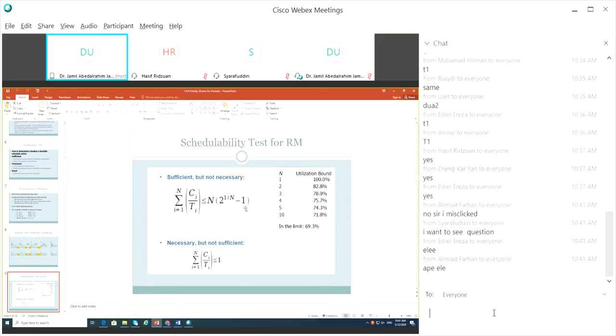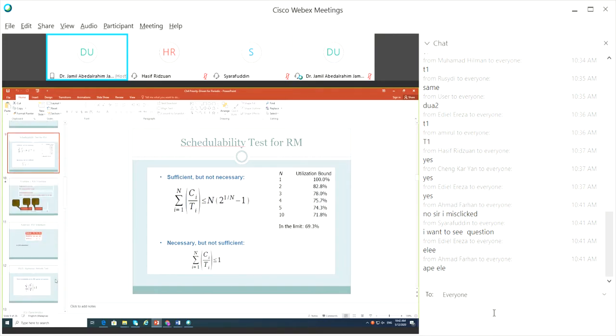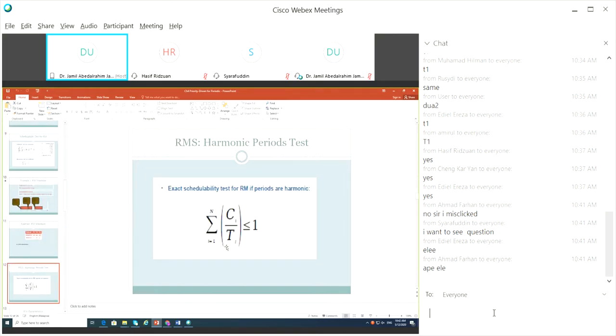For RM, rate monotonic, the utilization bound for one process is 100%. For two processes, it is 0.82. I think everybody remembers, and so on. This is for rate monotonic. For EDF, the utilization bound is always equal to 1.